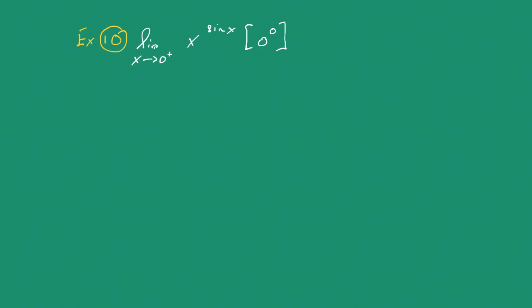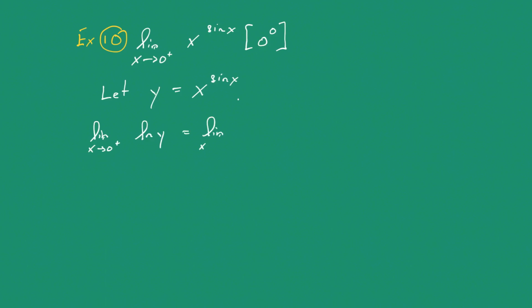We're going to, again, let y equal x to the sine x, and then we're going to try to take the limit as x tends to 0 from the right of log y.